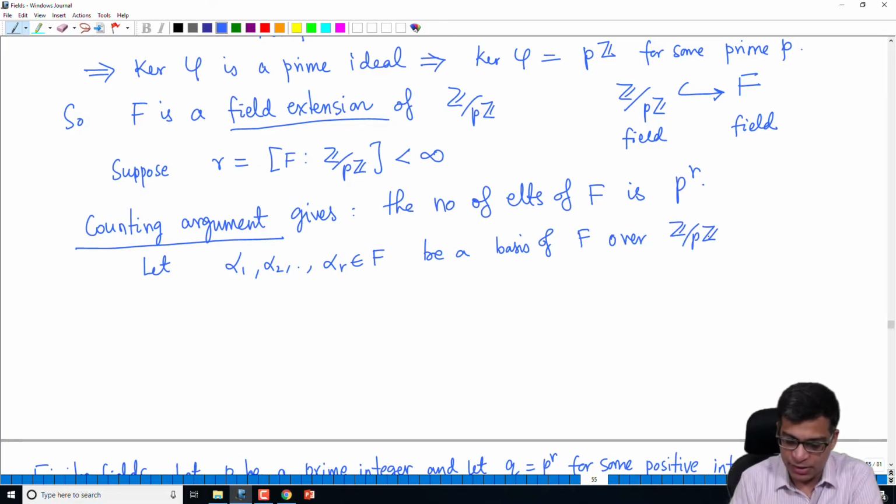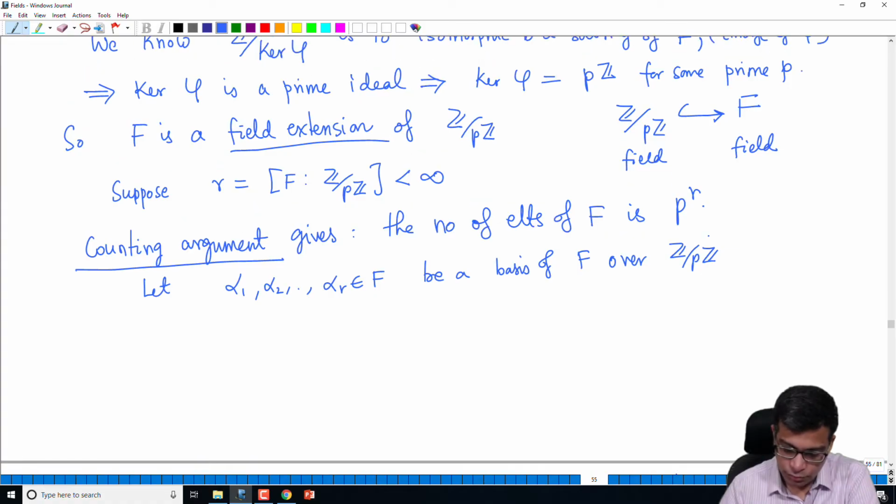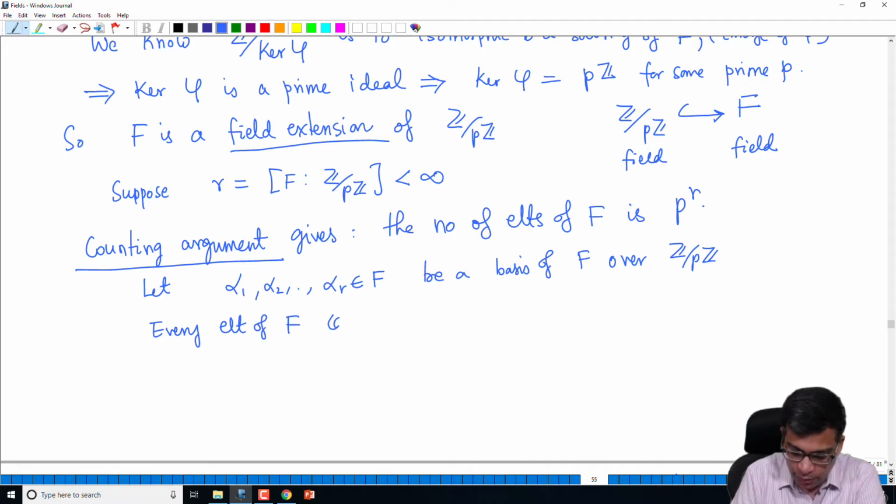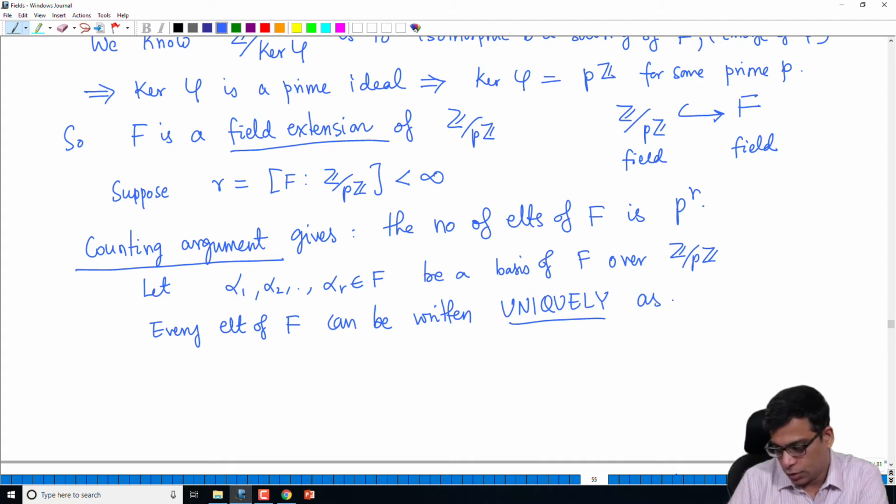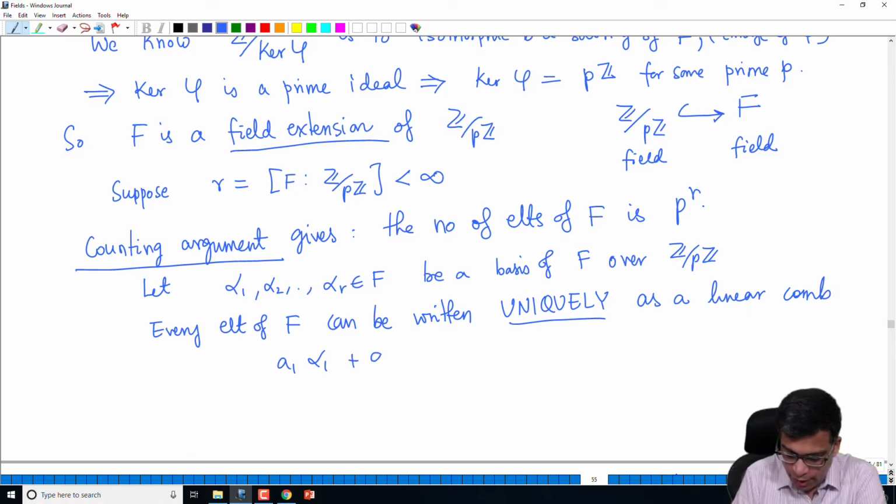Okay, if this happens, then every element of F can be written uniquely as a linear combination a1 alpha 1, a2 alpha 2, ar alpha r, right? And where the ai's are in Z mod pZ.